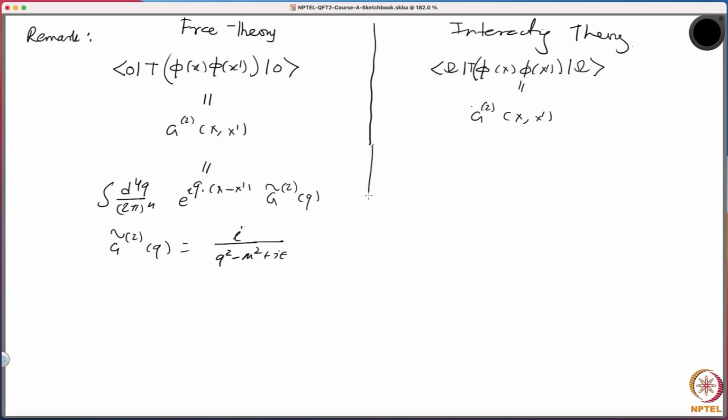But if you do the same thing here, when Q square is near the mass shell, then the leading behavior is this, and let me denote that by this vector.